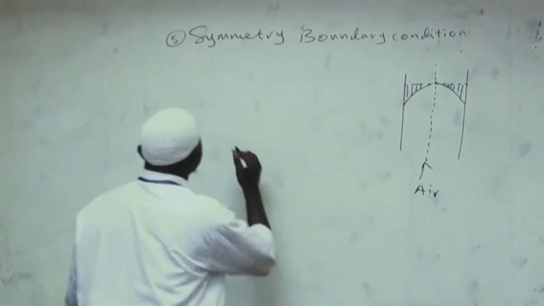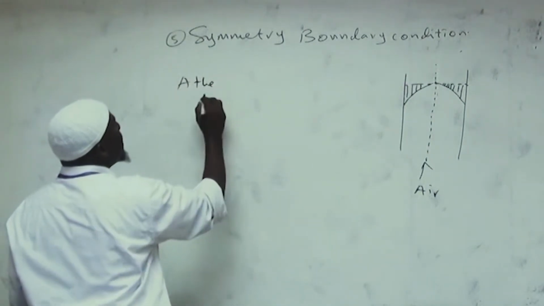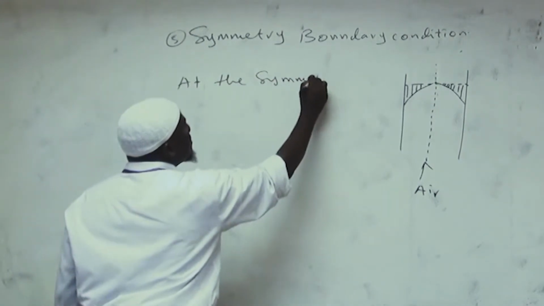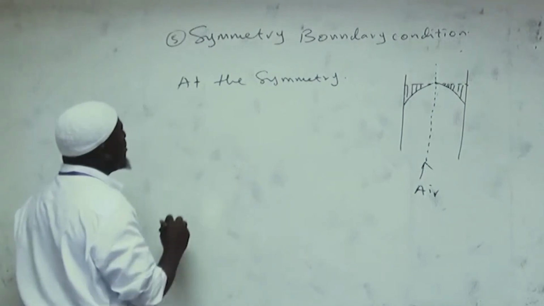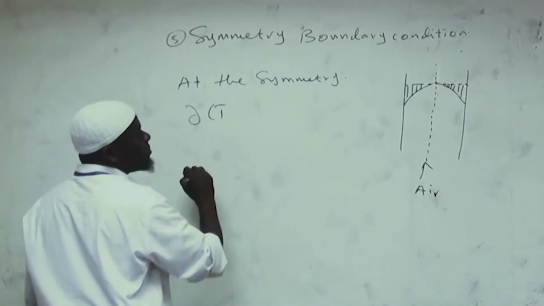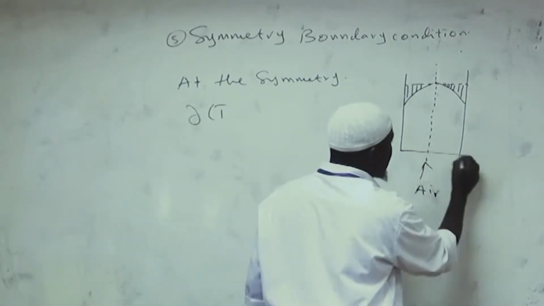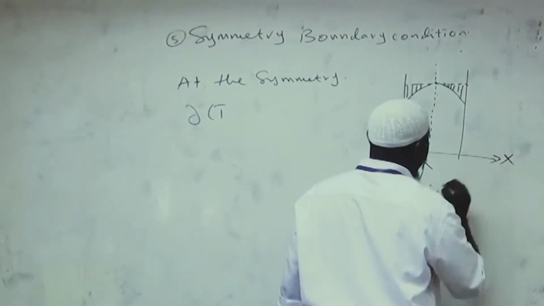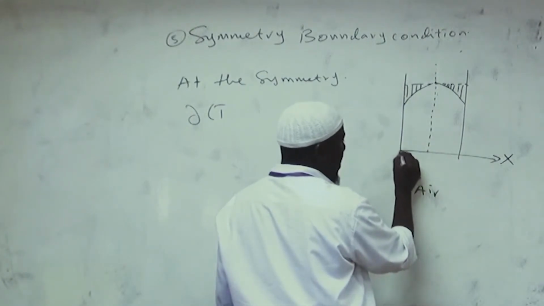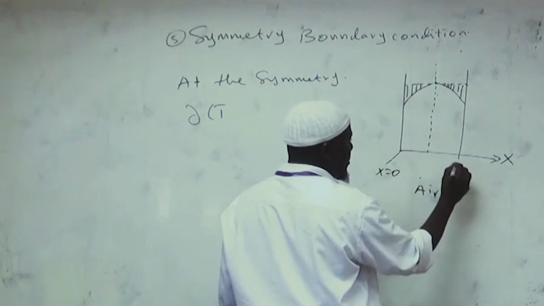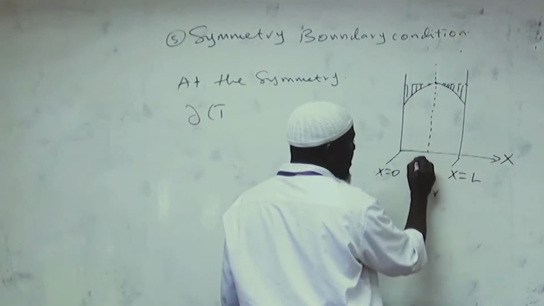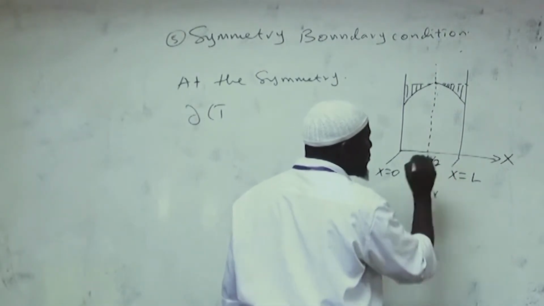So when we say symmetry boundary condition, as far as the temperature distribution or the heat transfer is concerned, we can say that at the symmetry, the rate of change of temperature. So for the temperature distribution T, let's say this is our coordinate x, with x equals 0 here and x equals L here, and this middle point will be x equals L divided by 2.